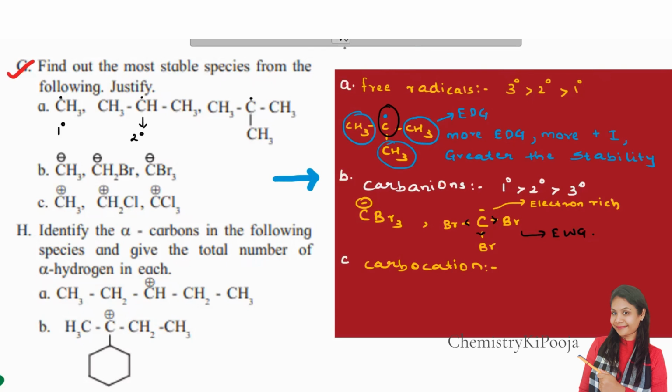It will gain electrons if it is attached to more alkyl groups, because more alkyl groups means more electron donation, right? And the order is 3, 2, 1 again for carbocation. So basically, free radicals and carbocations have the same stability order, whereas carbanion is the opposite of it.